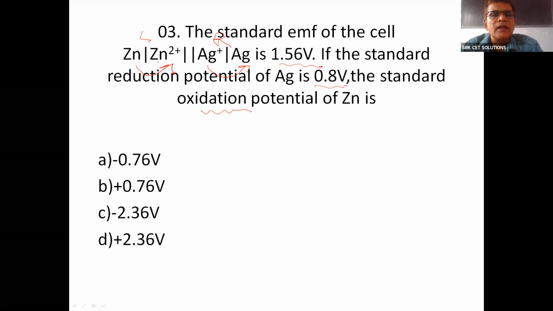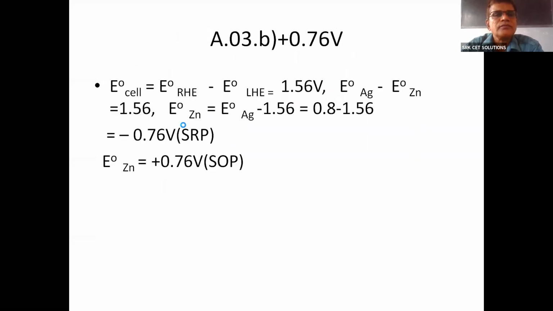Then convert that reduction potential into oxidation potential. The idea is, if the reduction potential has a minus value, the oxidation potential will be the same value with a plus. Now let us see how that is calculated. Yes, the answer is plus 0.76 volts. So look at the formula here.